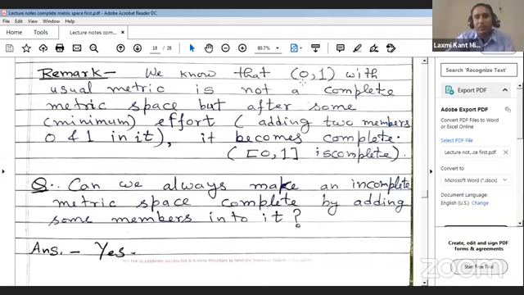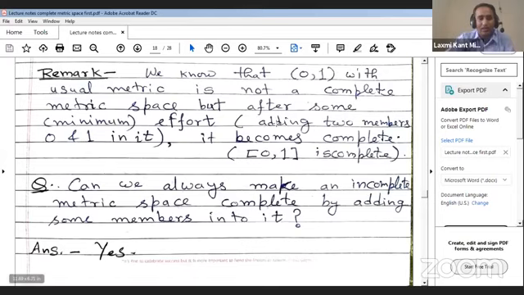That means if we put 0 and 1 into the open interval (0,1), it becomes the closed interval [0,1] and it becomes complete. So we have a question: can we always make an incomplete metric space complete by adding some members into it? So what is our answer?